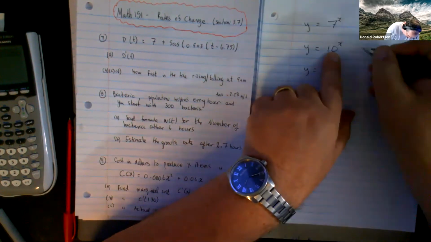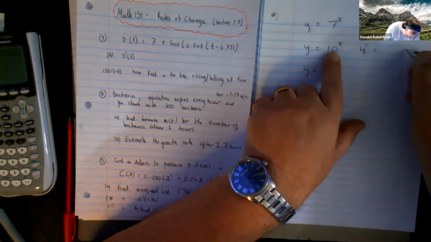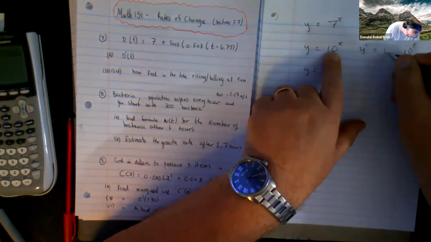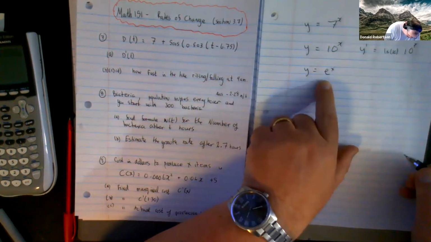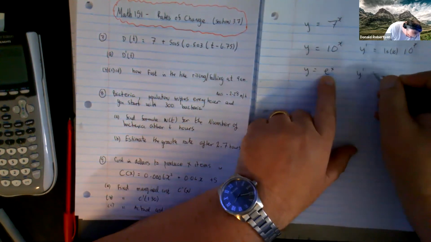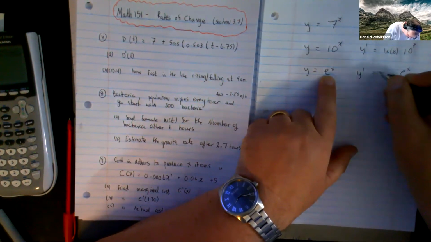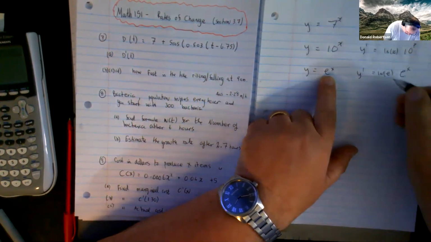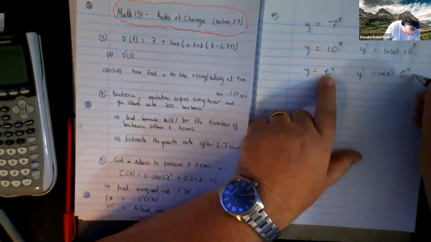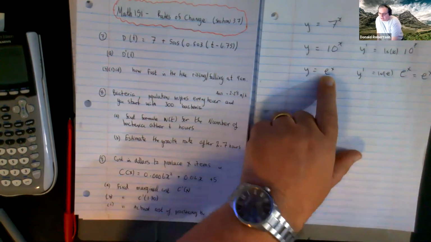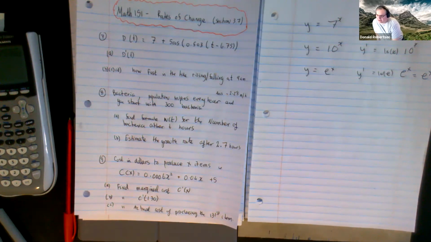You want 10 to the x, its derivative is 10 to the x with a log 10 in the front. e to the x, and you stick a log e in the front. Oh, wait a minute, the natural log of e is 1. So that's why e to the x is a special case. You just get e to the x when you differentiate e to the x.